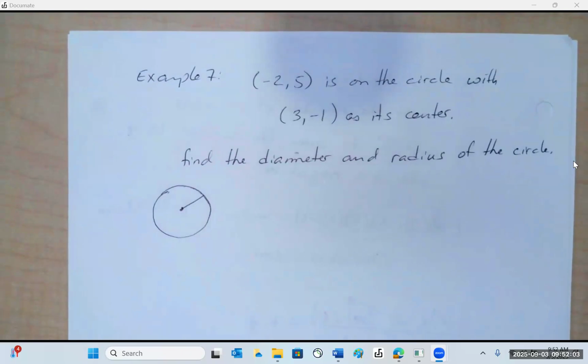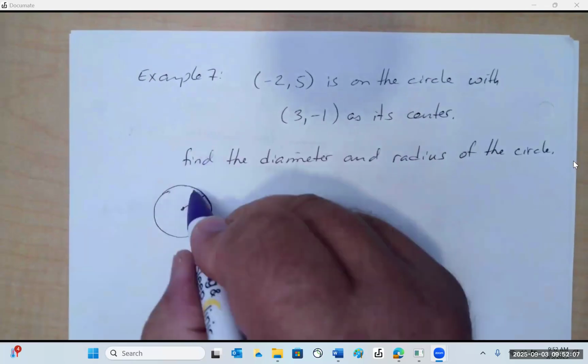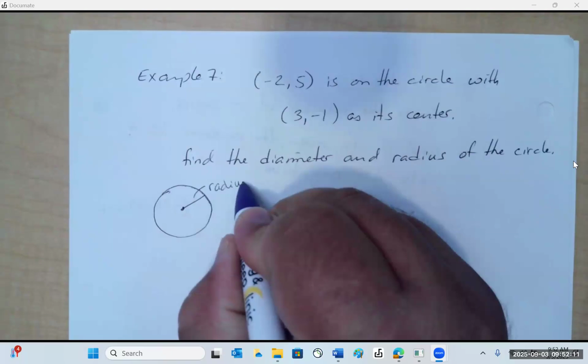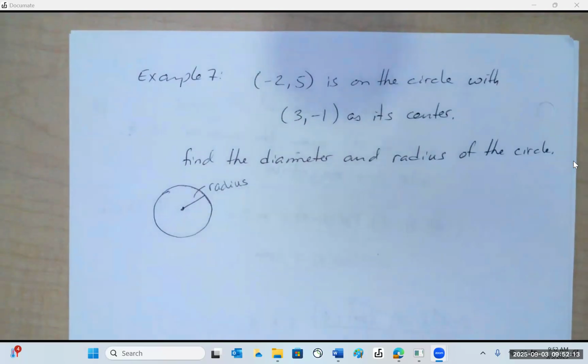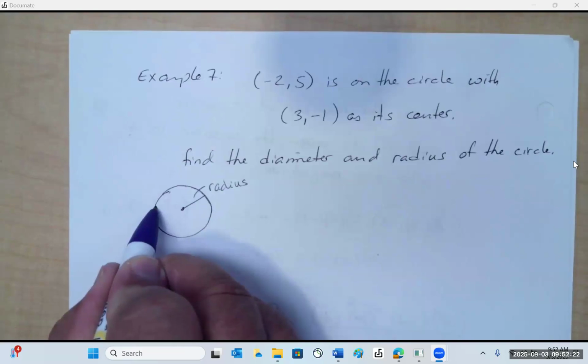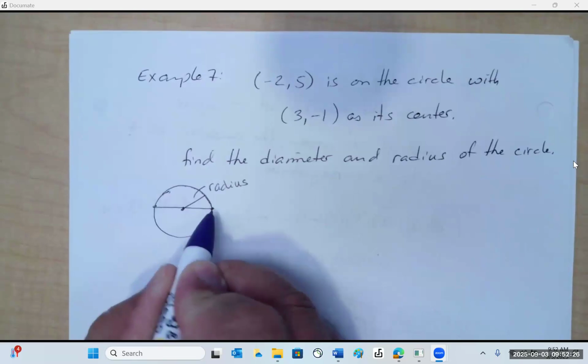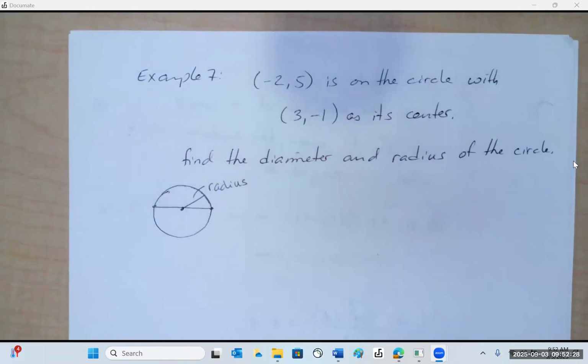From the center hub of that wheel to the wheel itself, the spoke is the radius. That's how far the wheel is from the center of the circle. The diameter is from one side of the circle to the other side, going through the center.